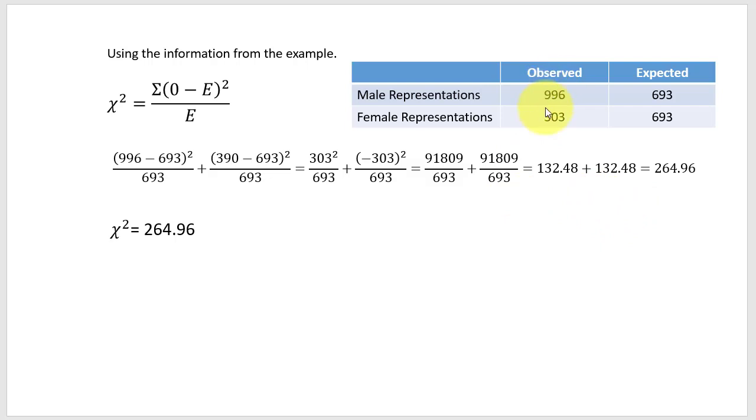But because the observed frequency is so different than what we expected, our chi-square statistic is very extreme. Now, we haven't even talked about what the cutoff chi-square statistic is, or what the comparison distribution looks like. But we can tell right away that this is a very significant result because we haven't seen any numbers with standard deviations this big. But we're going to go through just to double check that that is actually the case.